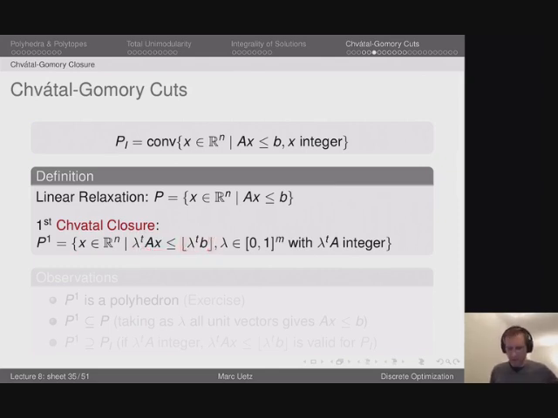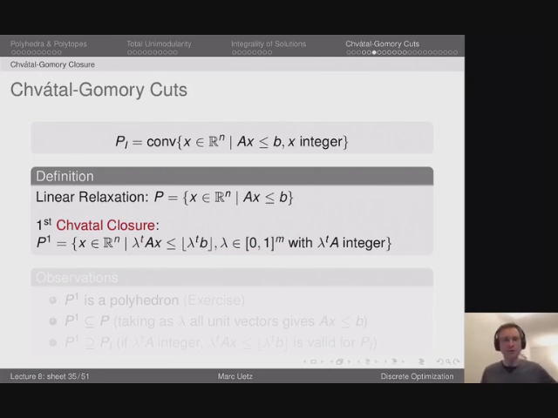I have to be a bit careful because I have to make sure that lambda transpose A must be an integer vector. So lambda transpose A must be integer because only then I can be sure that I am allowed to round down the right-hand side, which is what I do here. And here the lambdas are taken to be all the combinations, so that's just the fractions with which I take the original constraints of the problem.